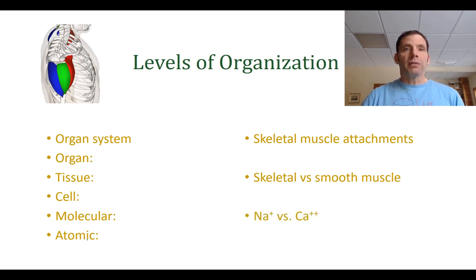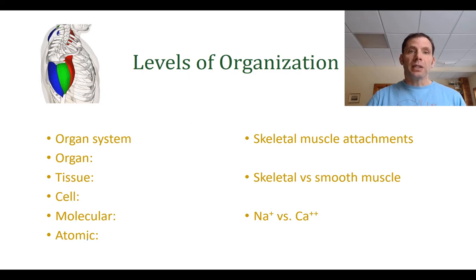Even at the atomic level, the shape of a given atom or ion dictates its function. For example, both sodium and calcium are positively charged. When sodium enters a muscle cell, whether it's smooth muscle, cardiac, or skeletal muscle, there'll be an electric current. That's true for sodium and calcium. But when calcium enters the sarcoplasm, or the cytoplasm of the muscle cell, calcium will cause generation of force.